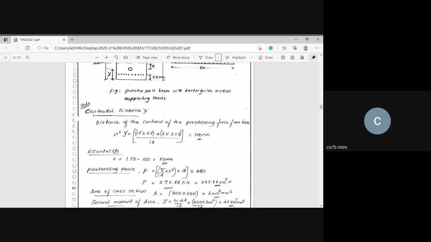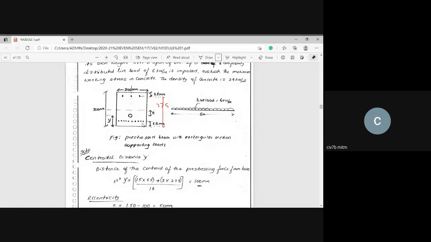Now you can calculate the eccentricity, because you came to know the centroid of the pre-stressing force induced. Eccentricity is defined as the distance between where the pre-stressing force is induced and the centroidal axis of the section. So if y is 100 millimeter, how to calculate eccentricity? Anybody?